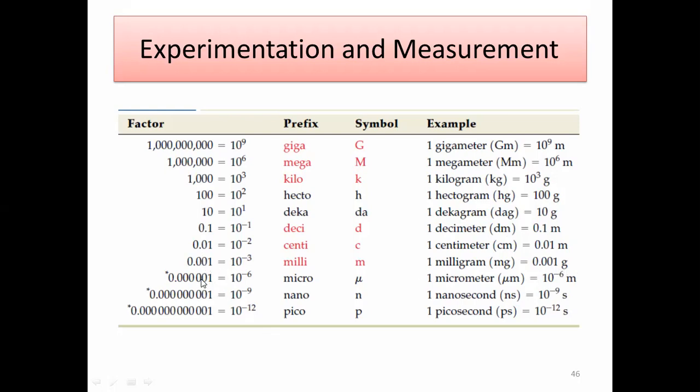Again, now dividing by 1000, this becomes exponent -6, and this is 0.000001, and this is called the micro, represented by this symbol. This is the symbol for the micro, and 1 micrometer is exponent -6. This is coming from the factor, this one. And similarly, the nano is exponent -9, and the pico is exponent -12.